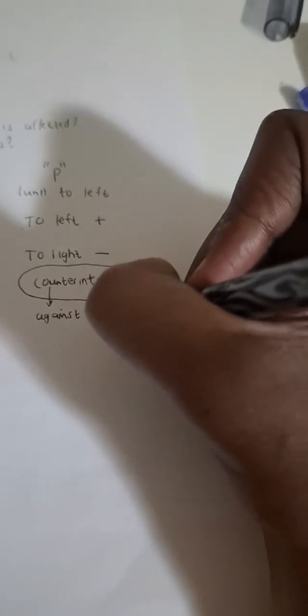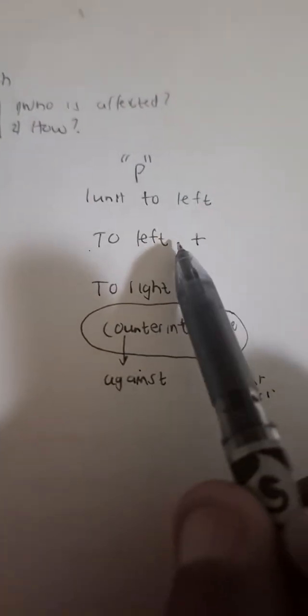What does the word counter mean? Counter is a prefix that means against. Intuitive means thought process or thinking process. If we were to be honest with ourselves, the minute we head to the left, I'm sure some of you were not thinking plus something.